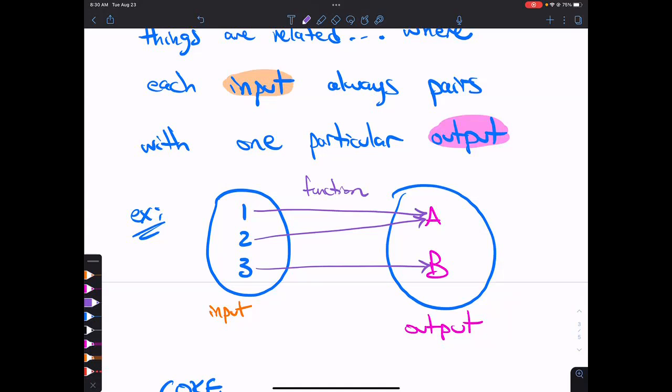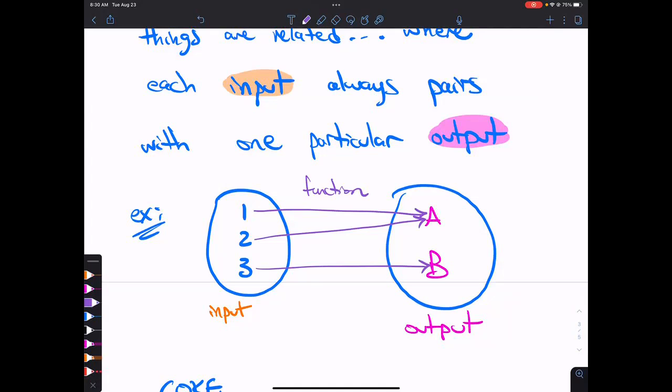So these are button presses and the drinks it gives you, or how much you work and how much you get paid, whatever. Is that a function? Why? Okay, so there are two things going to the same place, right? 1 matches with A, 2 also matches with A. What would that be like in the vending machine example?